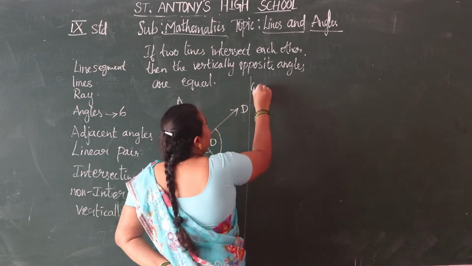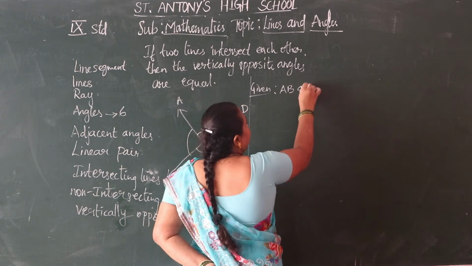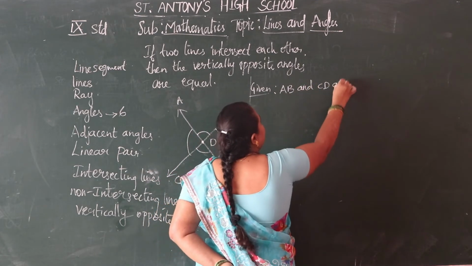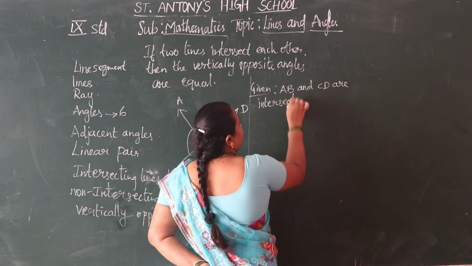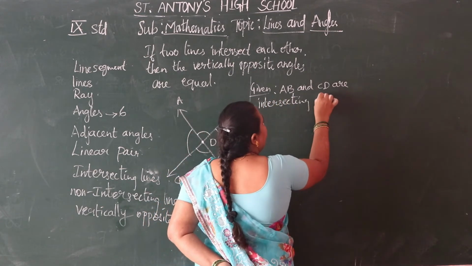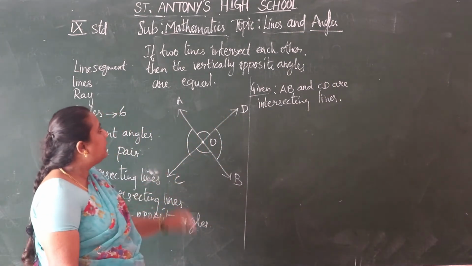So what is given here? AB and CD are intersecting lines.